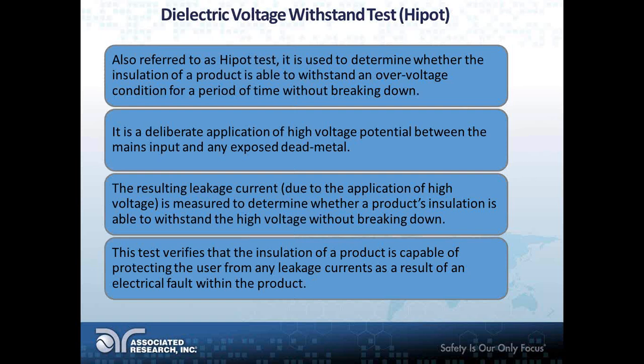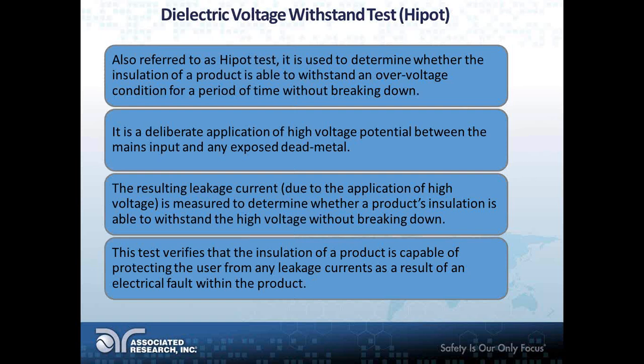That's how you would determine your Hipot voltage, unless it's stated differently by the standard you're trying to comply with, and the best way to determine your high voltage for your test parameters is by thoroughly reading the standard.